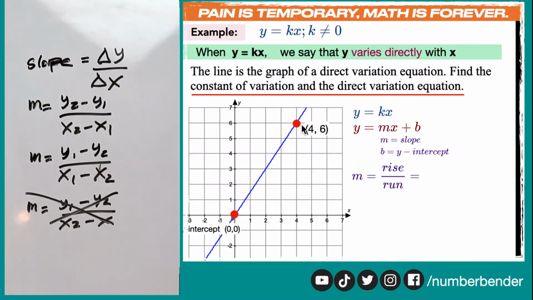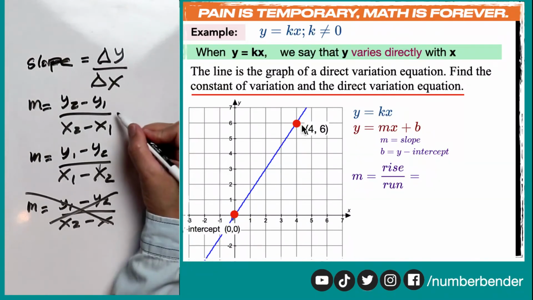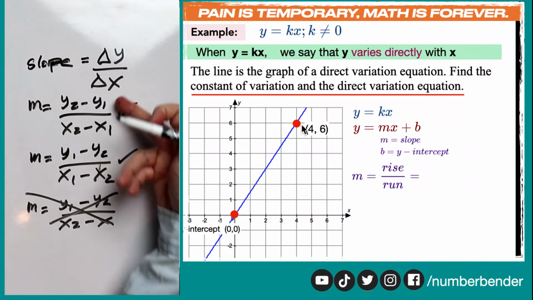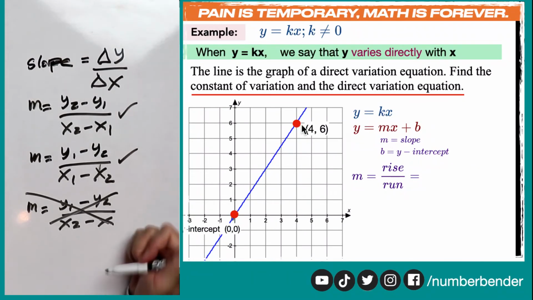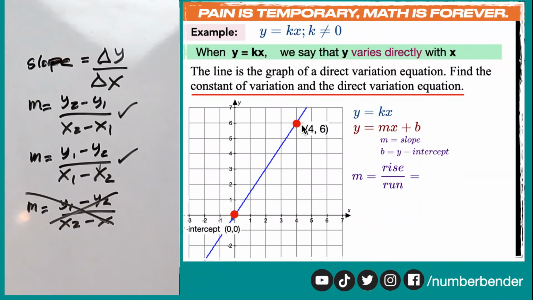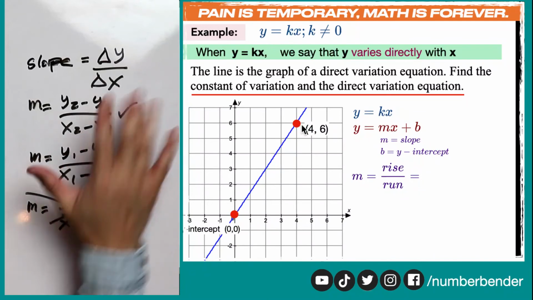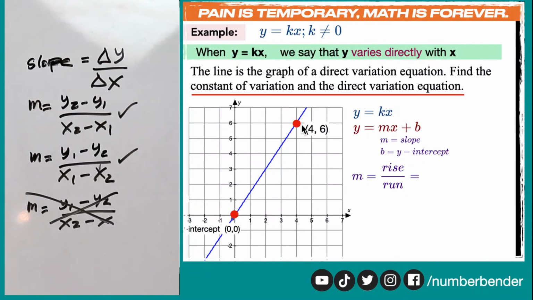This one will not give you the slope because you need to be consistent with your numerator and your denominator so that you can find the correct value of your slope. And in this particular graph, I'm not going to use this formula, but I'm just going to look at the graph and check the number of units it goes up and the number of units it will go to the right, and that will be my slope.